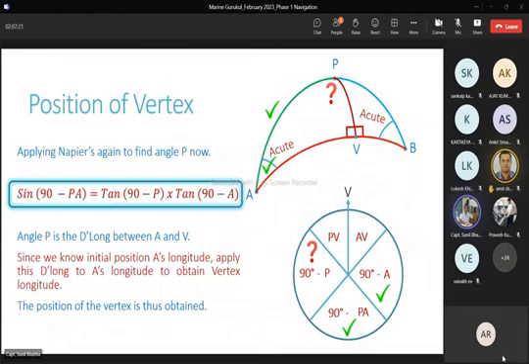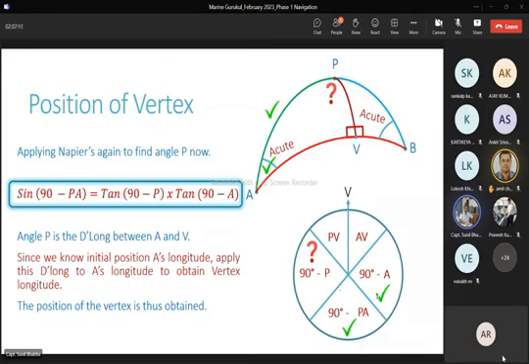But practically, I would recommend not to use the part which is calculated. Why I do not recommend is, you see 90 minus A and 90 minus PA were already known to us. If you make any mistake in calculating PV, let us say calculation mistake is made, the latitude will obviously be wrong, but if PV is used for calculating longitude also, the longitude will also become wrong.